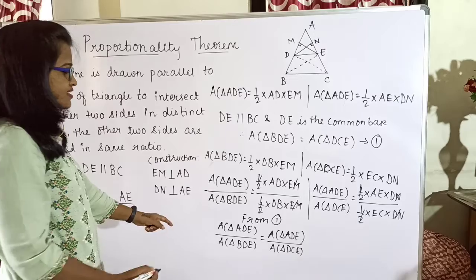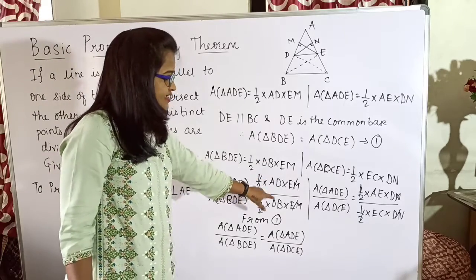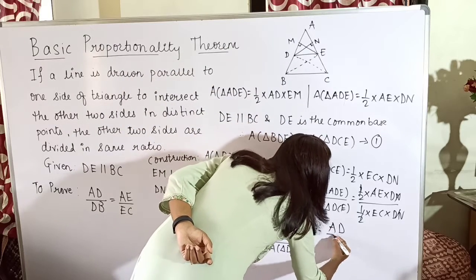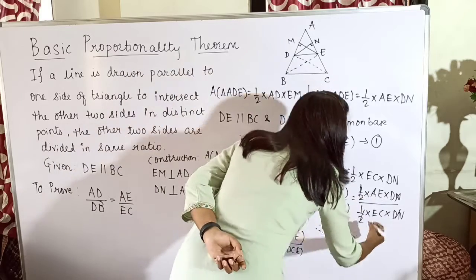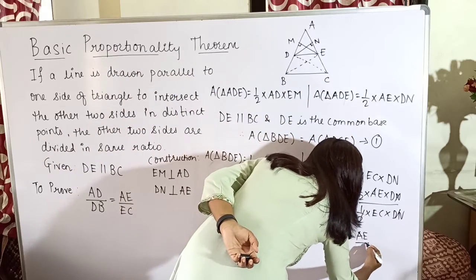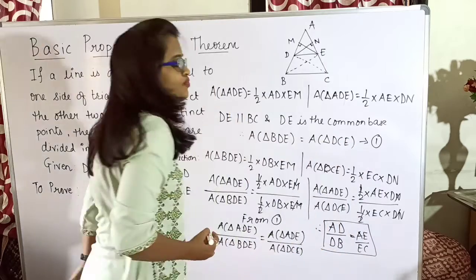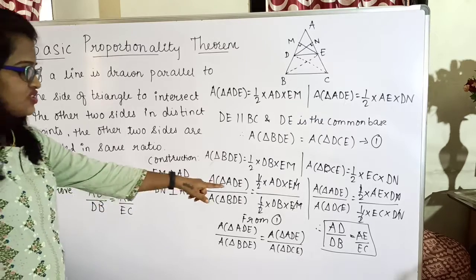Okay, and hence, since these two are equal, their right hand sides are equal, and therefore I can write AD by DB equal to AE by EC. Okay, so this is the proof for the basic proportionality theorem. So that is what we wanted.